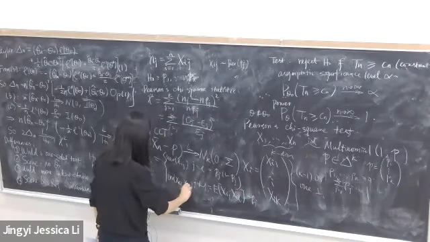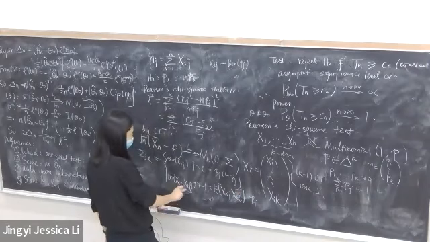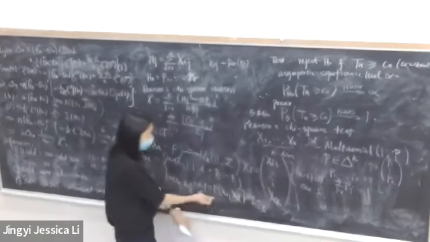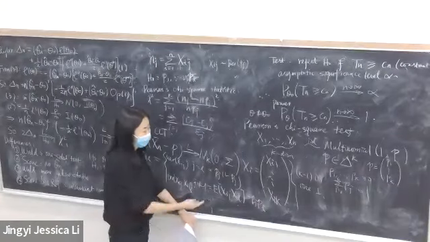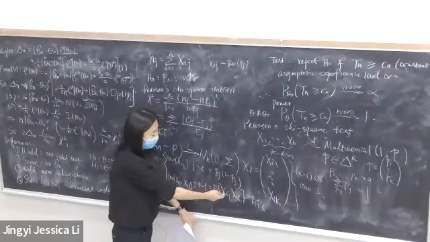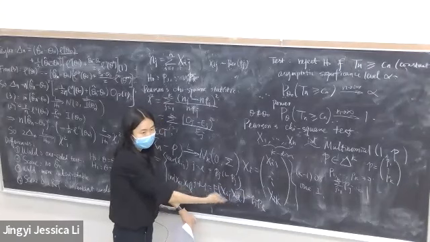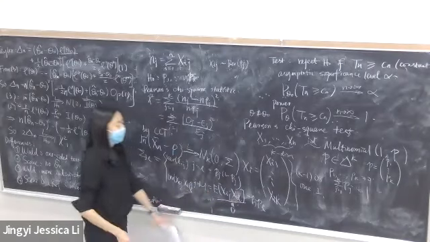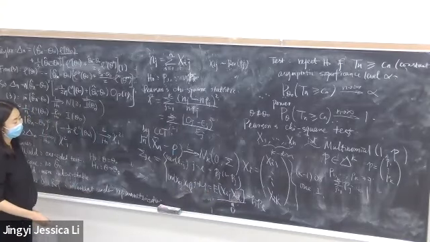Sorry, I made a mistake, it's il, not ik. For this expectation, by my definition of this draw, I can never have both equal to 1. One of them must be equal to 0. So therefore, this is 0. So that's why I have the covariance as negative Pj Pl.